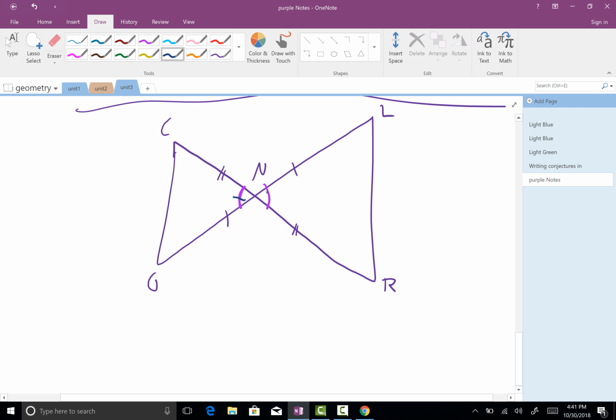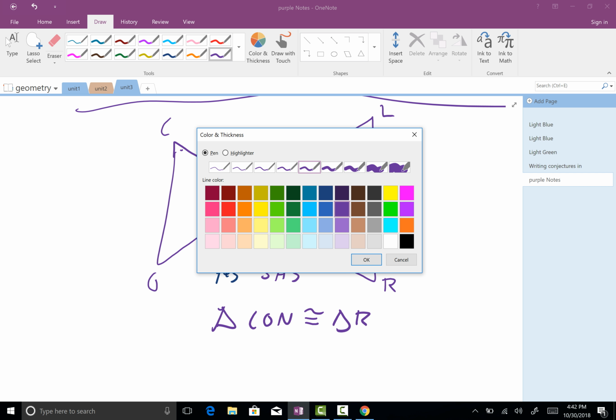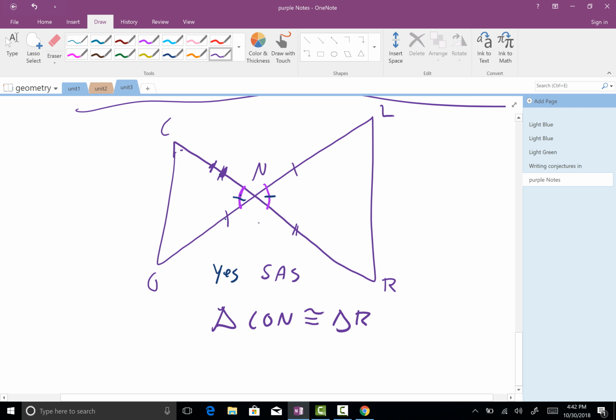So now we can say, side, angle, side again. So if we go triangle CON congruent to triangle, C has a double mark here for that side, and a double mark here, so I'm going to go down to R. O is on here, that's going to go to L. And N is in the middle. Okay, side, angle, side.